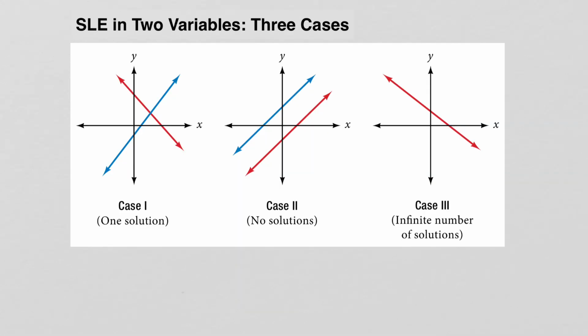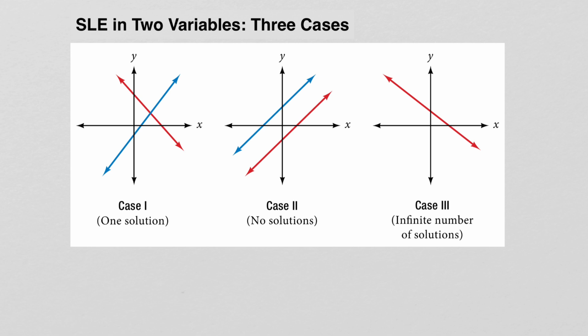Before we talk about the algebraic methods, let's consider three possibilities for solutions to systems of linear equations in two variables. The first case is that there is a single solution. So if you have two lines and they intersect in a single point, there is one solution. But it is possible that the lines are parallel. And if the lines are parallel, they do not intersect, in which case there would be no solution.